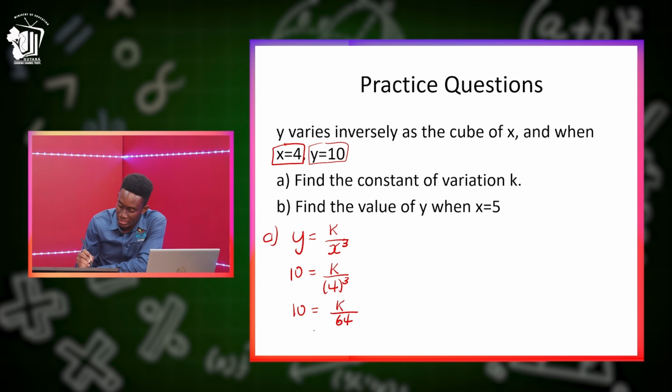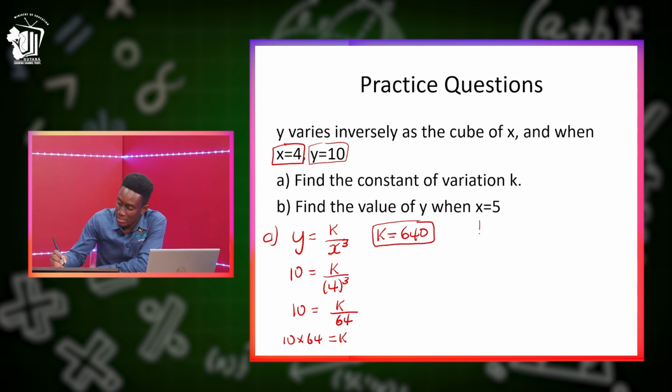So to solve for k, we take over this 64 and multiply it by the 10. So 10 multiplied by 64 would give us k. So hence k will be equal to 10 times 64, which gives us 640. So the constant of proportionality, or k, is equal to 640.